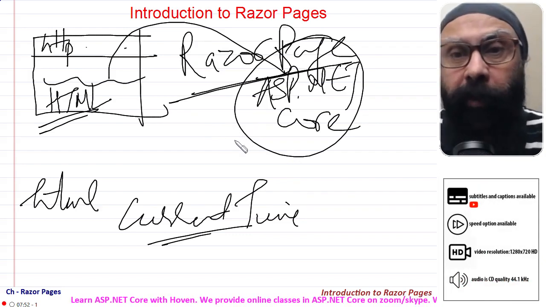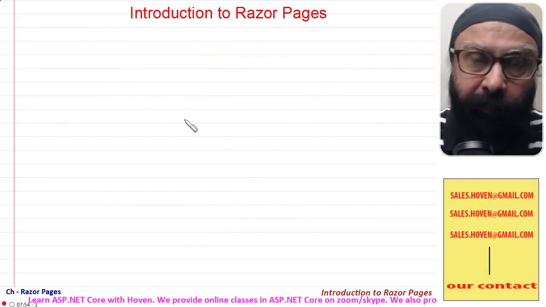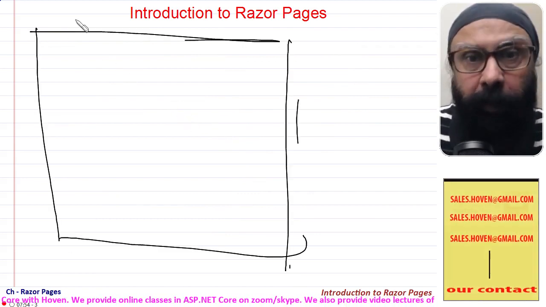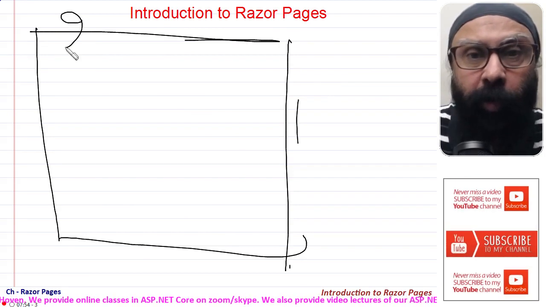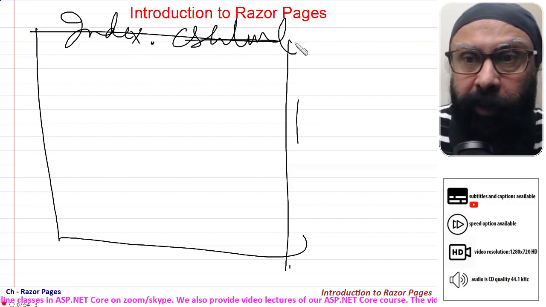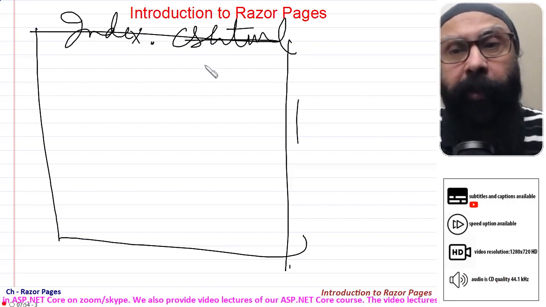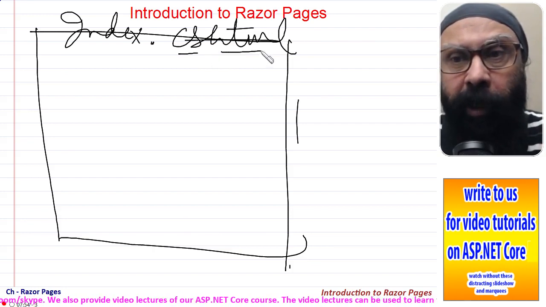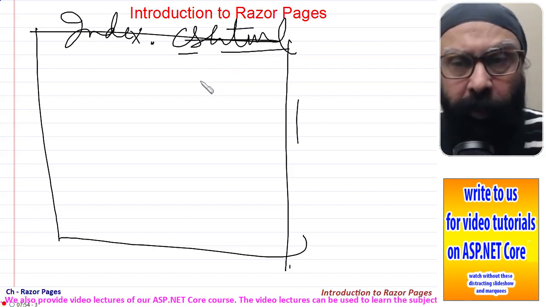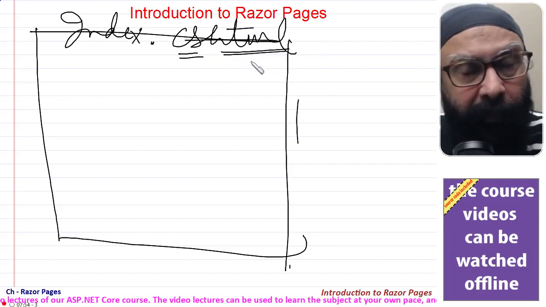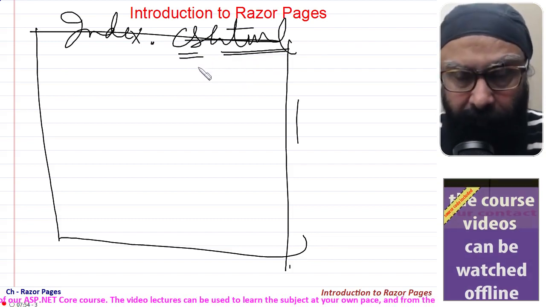So let me write a brief structure of a Razor page. Suppose this is a Razor page called index.cshtml. A Razor page has the extension CSHTML. We call it C#HTML. You can obviously understand that it is neither a C# file nor an HTML file. It is a combination.